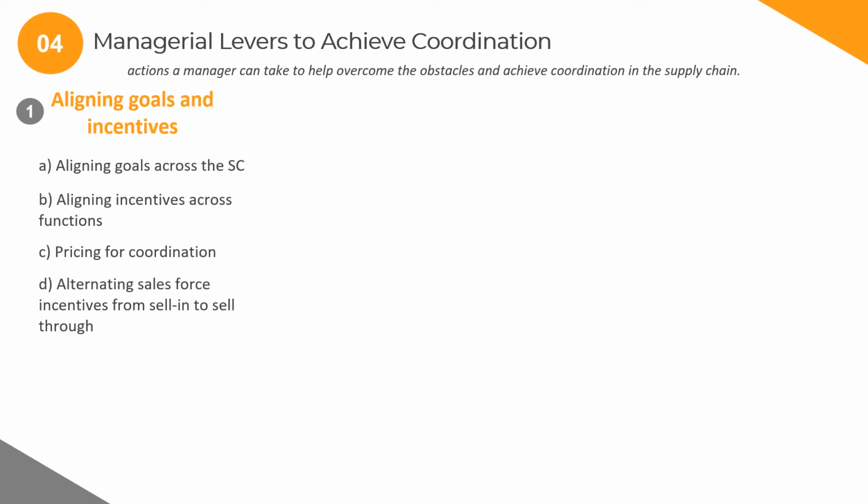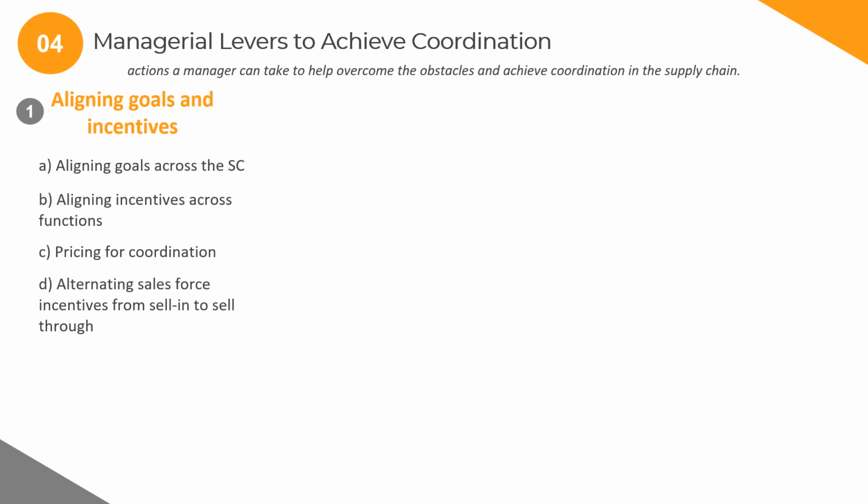Okay, next is about managerial levers to achieve coordination. That is, the actions a manager can take to help overcome the obstacles and achieve coordination in the supply chain. The first one is aligning goals and incentives. That is, by aligning goals across the supply chain, aligning incentives across functions, pricing for coordination, and altering sales force incentives from sell-in to sell-through.